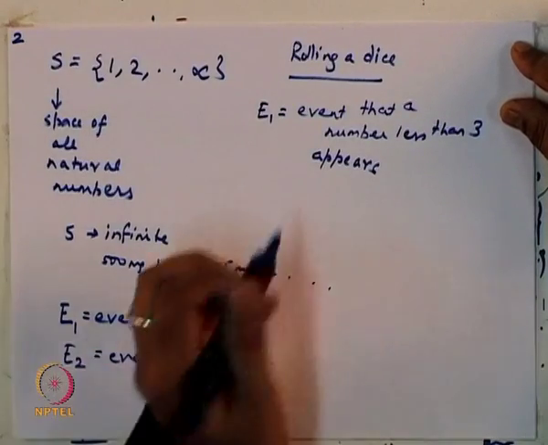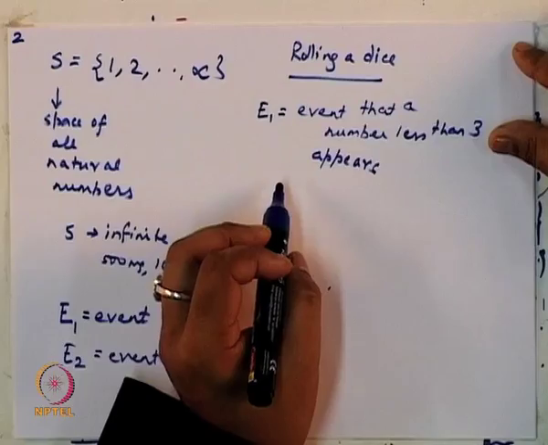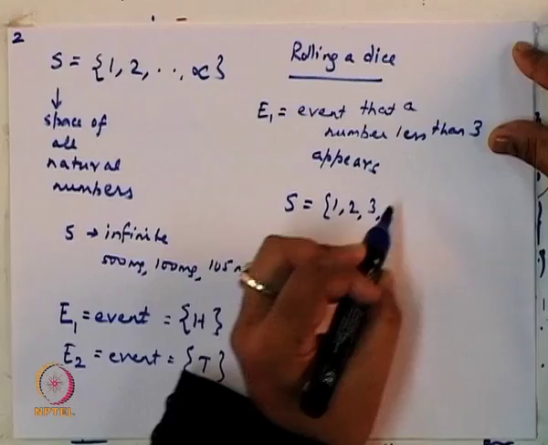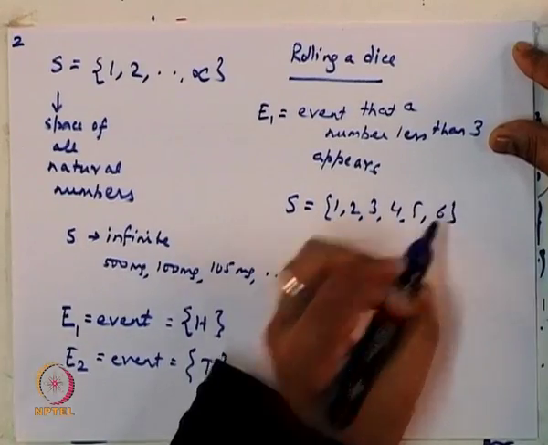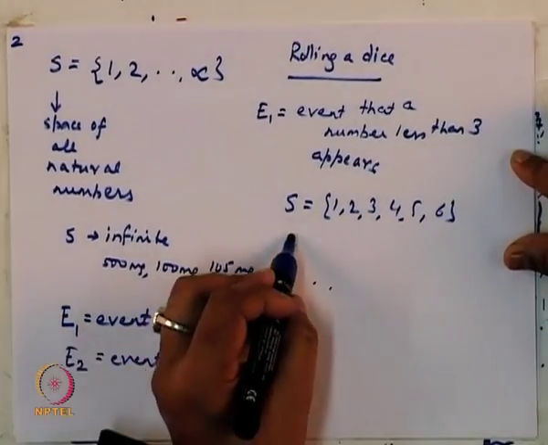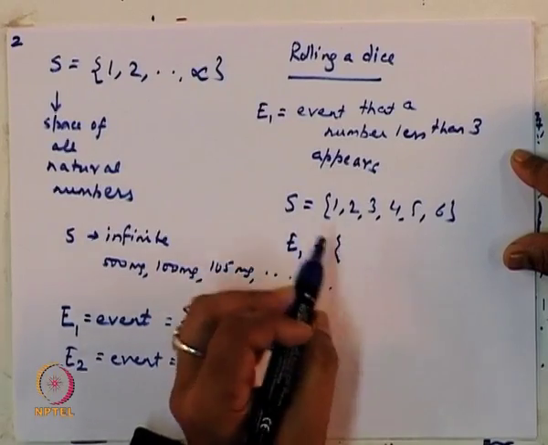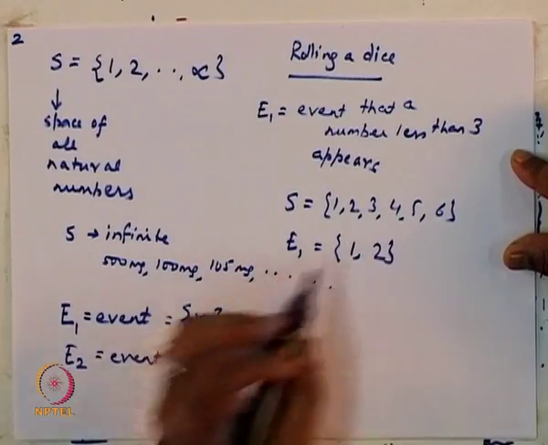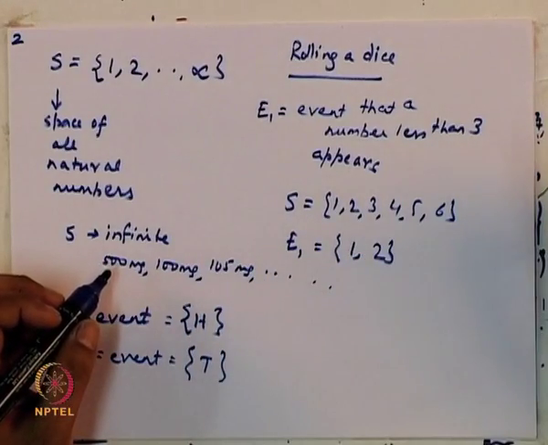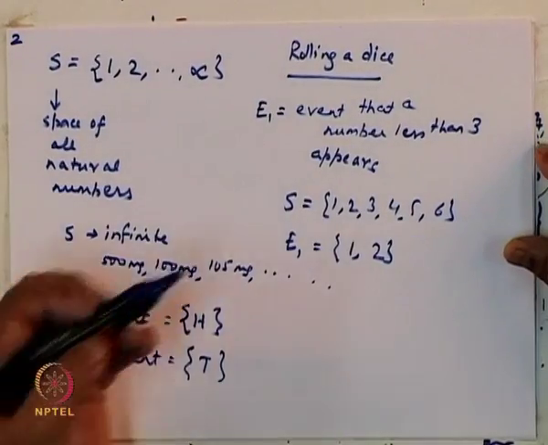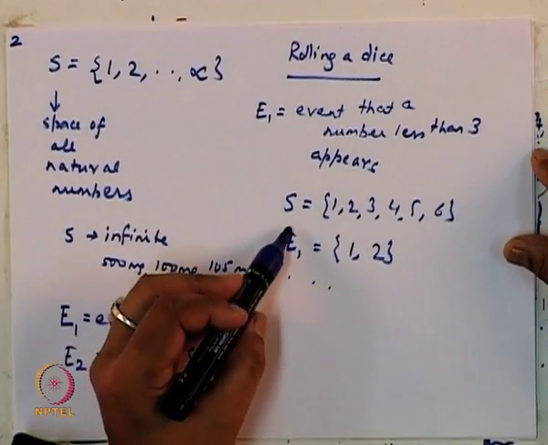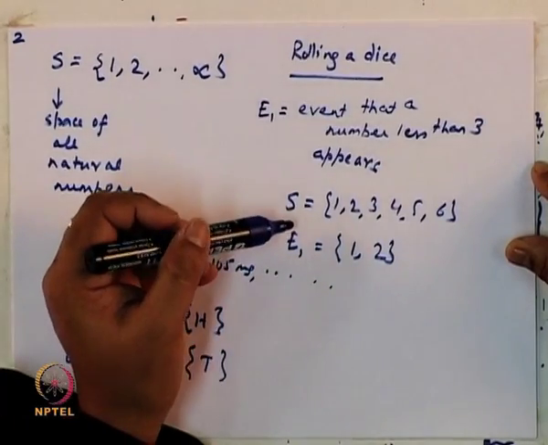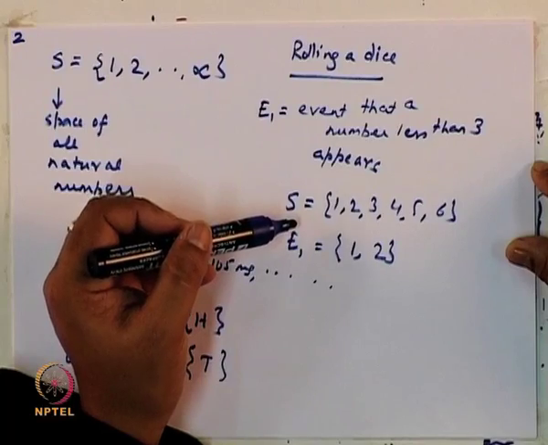So, for rolling of a dice, my sample space S is 1, 2, 3, 4, 5, 6. My event E1 is then a number less than 3 appears. There are two possibilities, either you have a 1 or a 2 appearing. So, what you see is that the number of possibilities in an event can be less than or equal to the number of possibilities in the sample space.